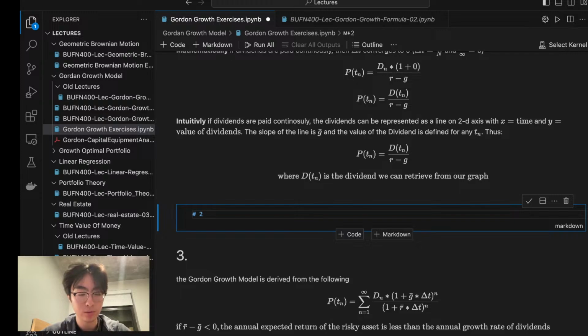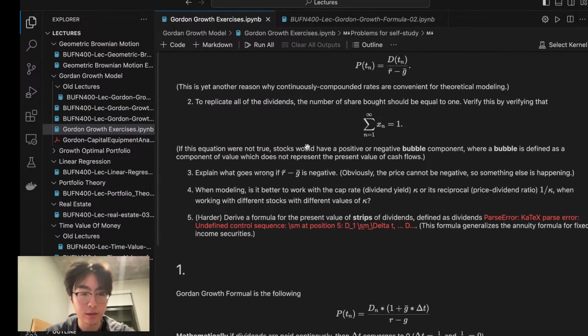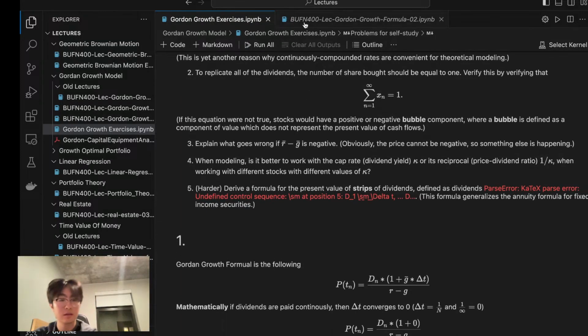Yeah, okay, so 2 was hard, right? Because 2 is asking us to replicate all dividends, the number of shares bought should be equal to 1. Verify this by verifying that the sum of xn is equal to 1, or what was defined.